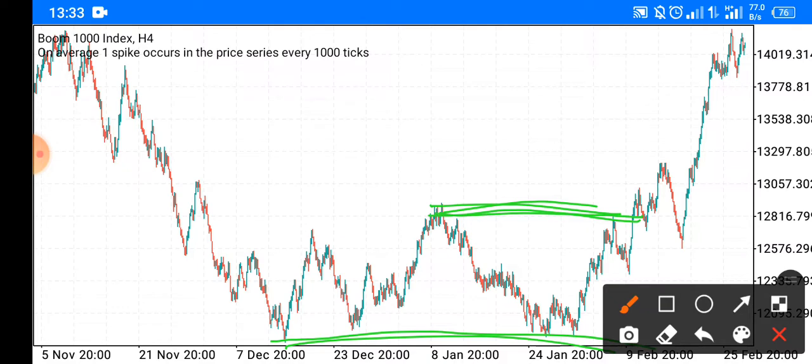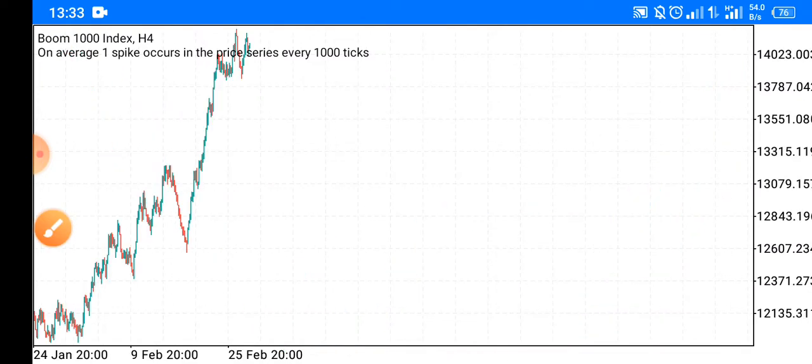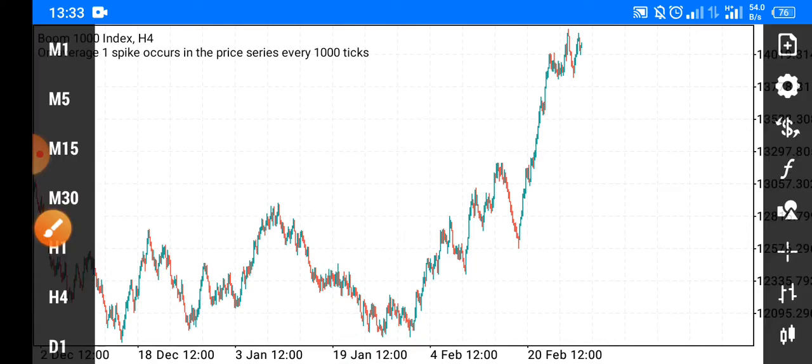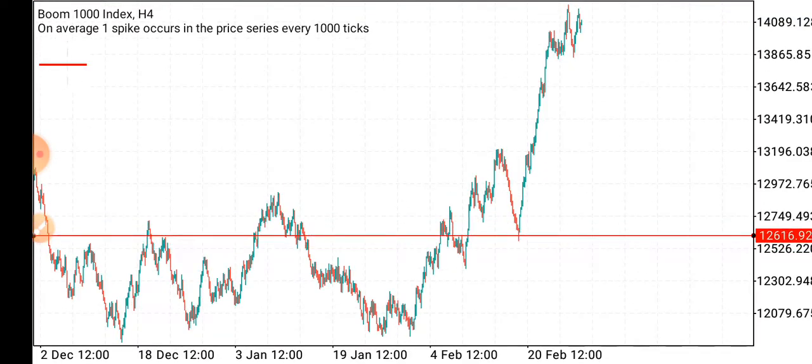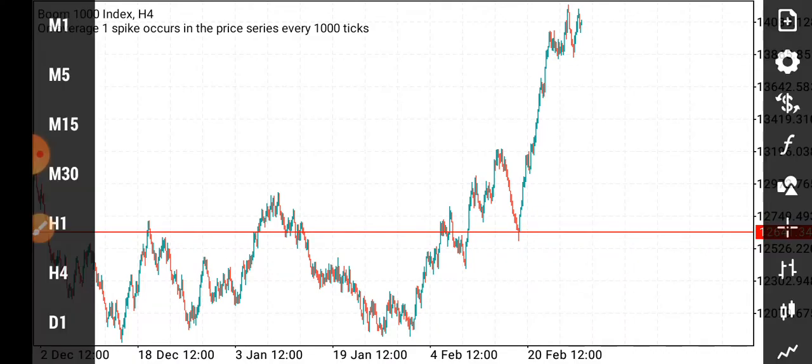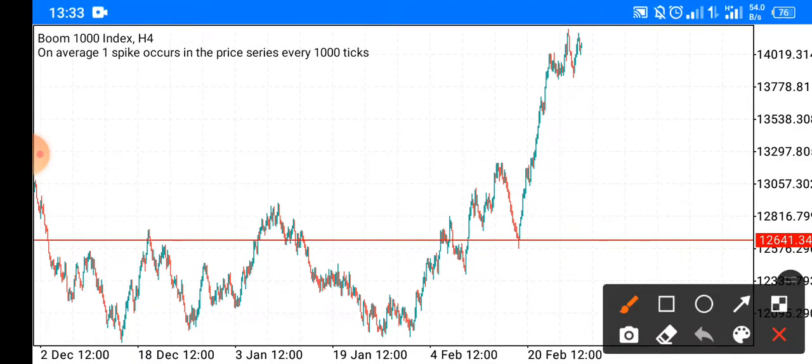I don't want you to think of support and resistance as a single line like this. Here we've got a support level, but I don't want you to think of the support level as this single line.